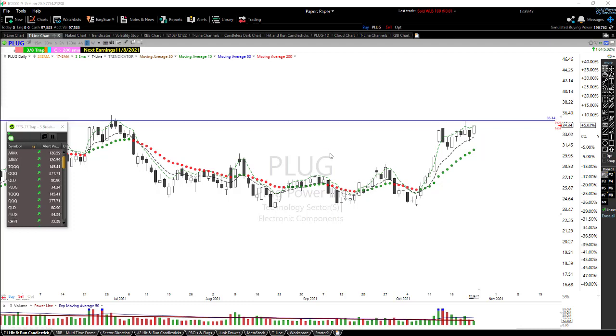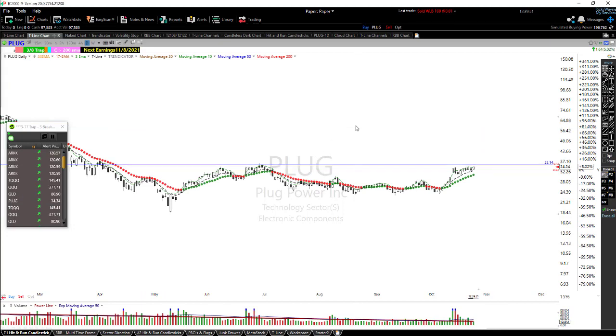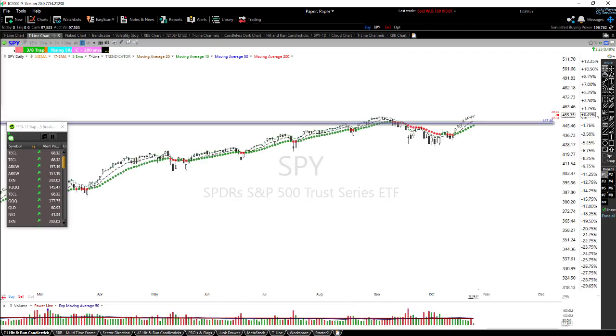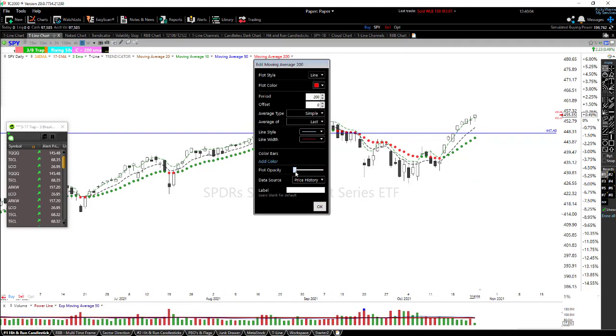Sure, Calvin, I can give you an entry. In fact, the market's kind of soft, if you ask me, at the moment. Remember that we have a lot of earnings this week.